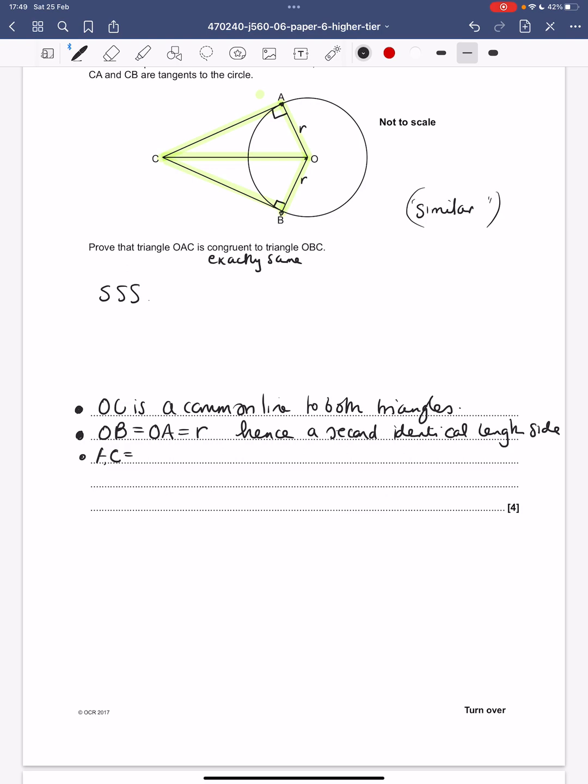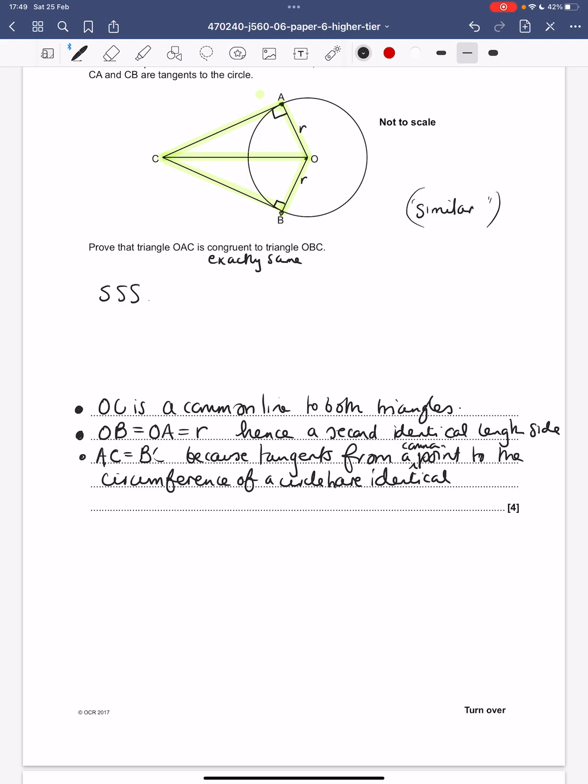AC equals BC because tangents from a common point to the circumference of a circle are identical, or have, I should say, identical length. Okay, SSS means that they're congruent.